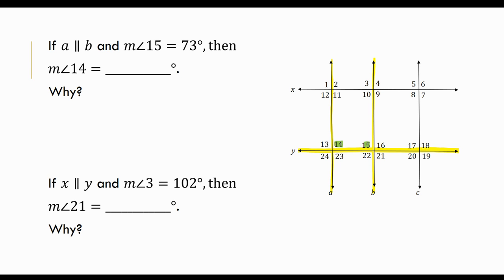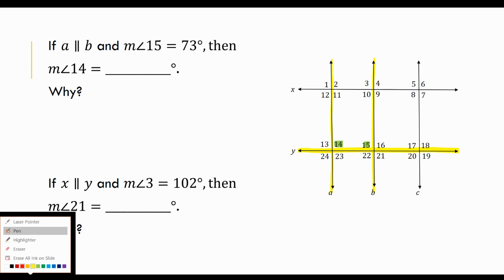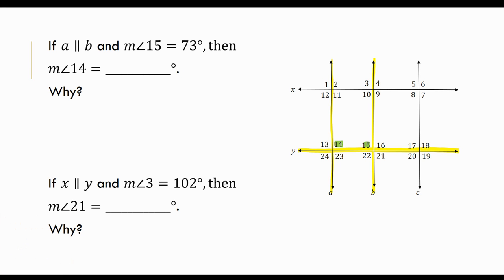So they're on the same side and they're both inside of the parallel lines. So that makes them interior angles on the same side. And so remember, interior angles on the same side are supplementary. So if I'm giving you a 73-degree angle, I need to subtract 73 from 180 to get the measure of angle 14. So 180 minus 73 gives me 107 degrees.